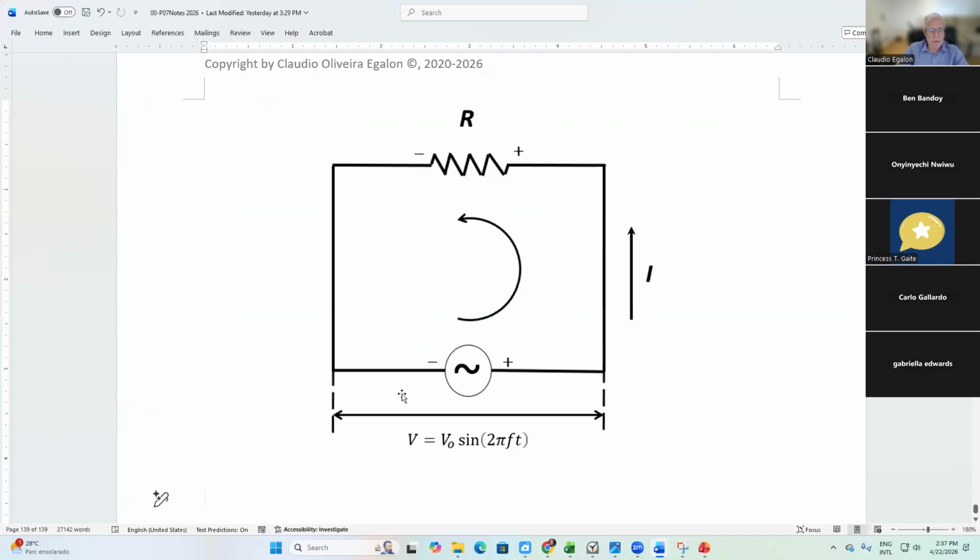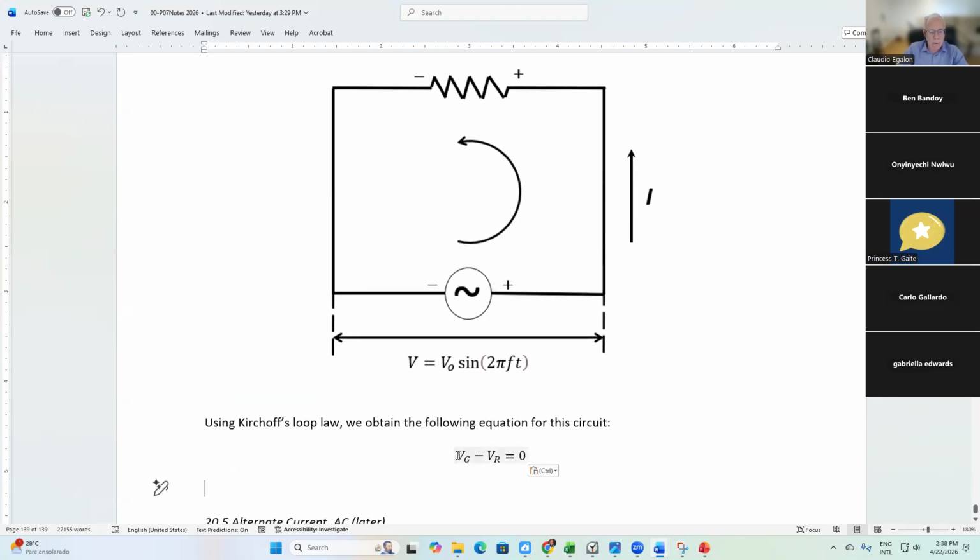Here we go. We start at this point here of the circuit. We cross the generator, right? When we cross the generator, we write V sub G. We move towards the next element. We are going to cross the resistor.